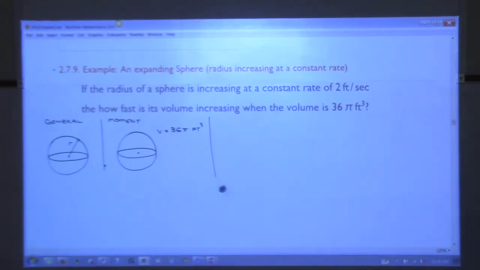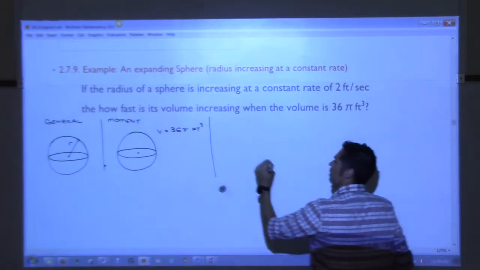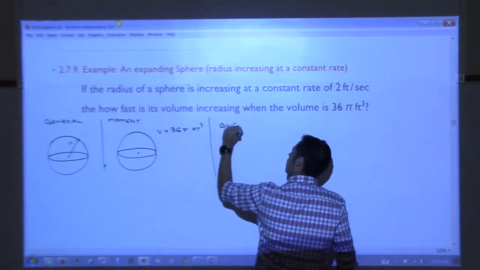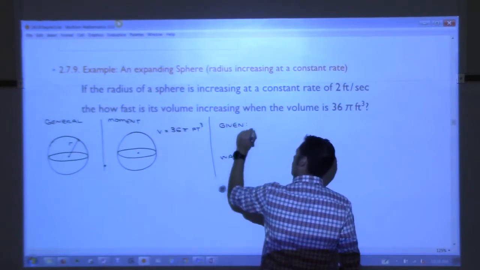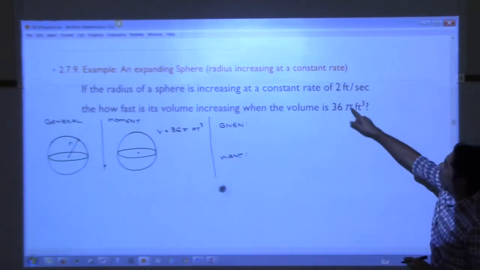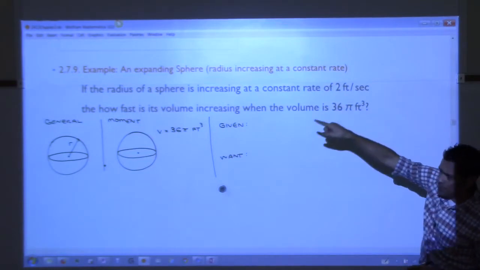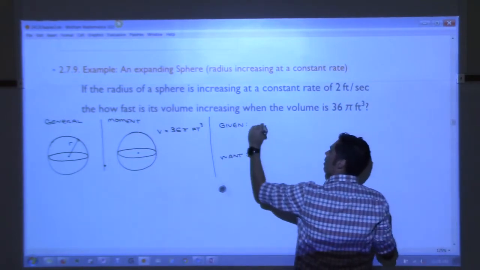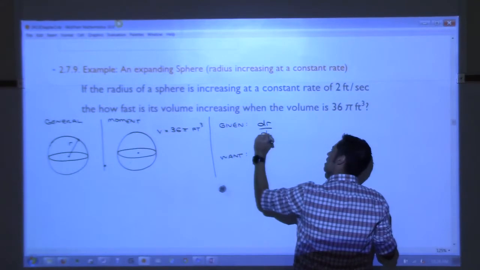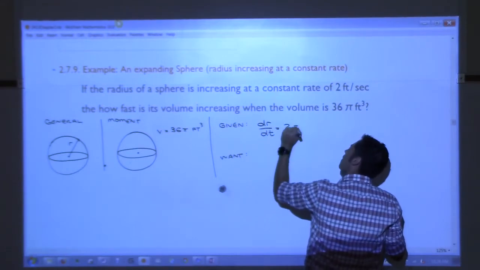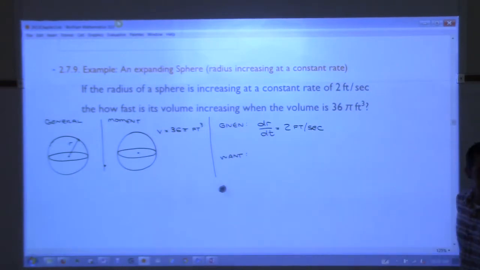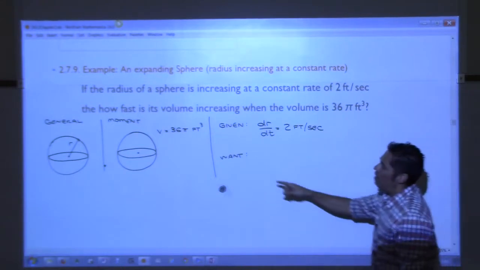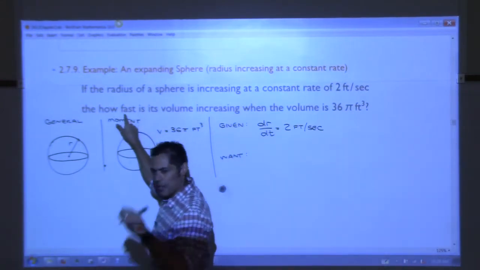All right, let's write down what we're given and maybe what we want. So what are we given in the problem? The rate at which the what is changing? Radius. So dr/dt is what I heard. dr/dt is 2 feet per second. And what do you want? dV/dt.